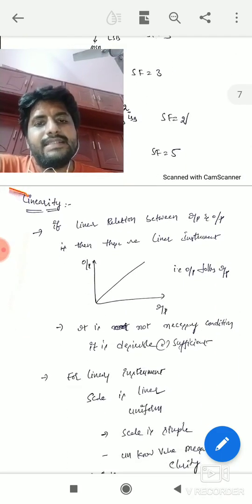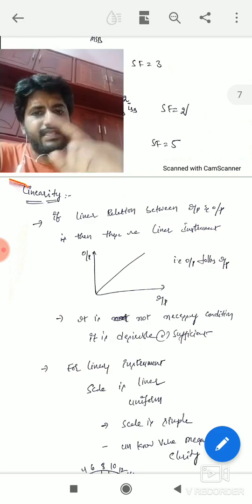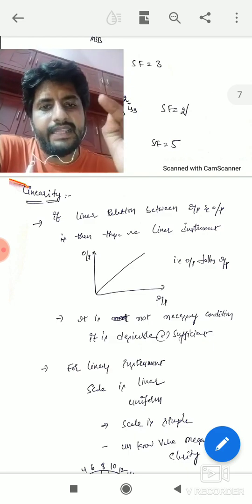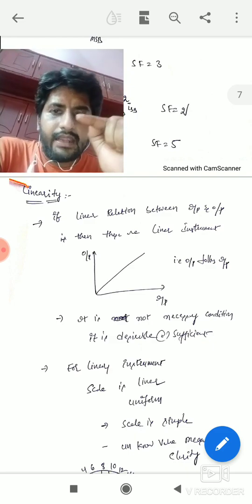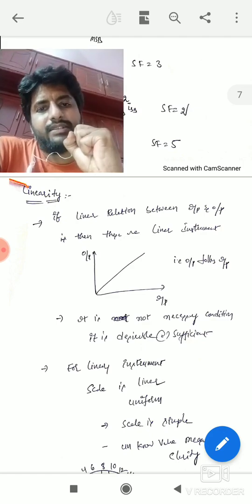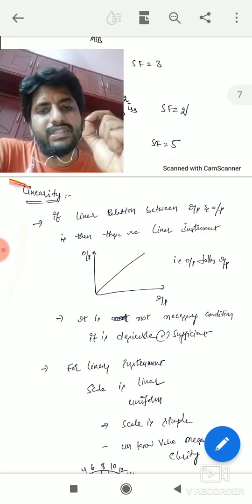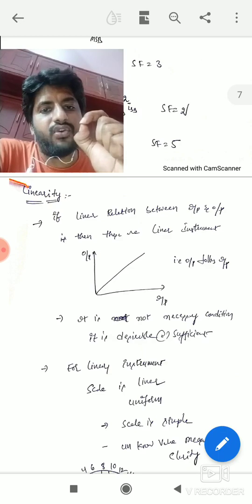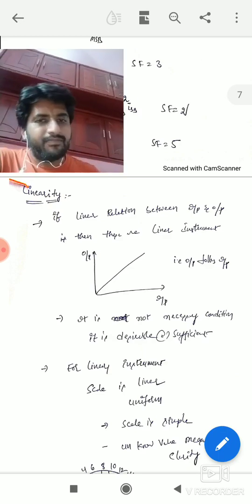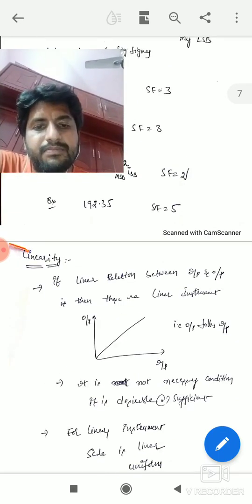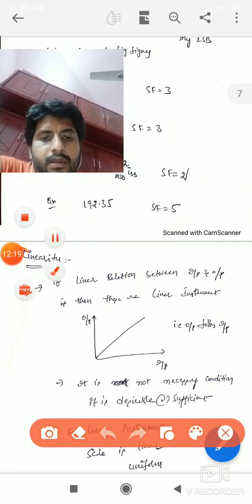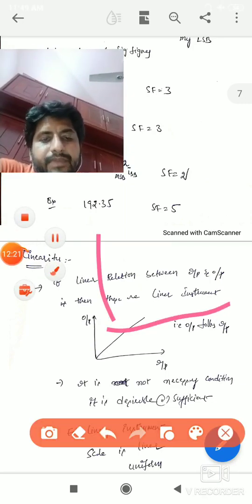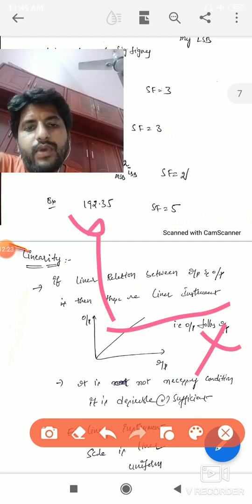Next characteristic is linearity. If the system is linear, there is a linear relationship between output and input. Then we can call that instrument a linear type instrument. That means, for suppose I have an x-axis and y-axis.